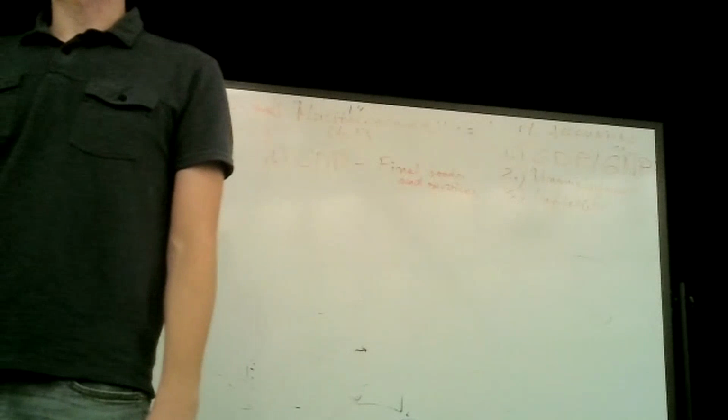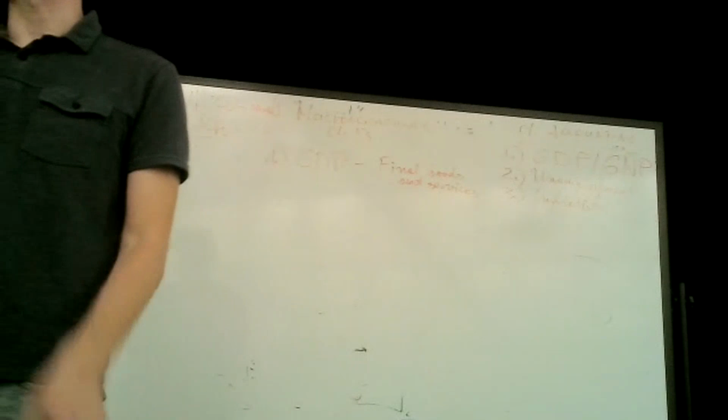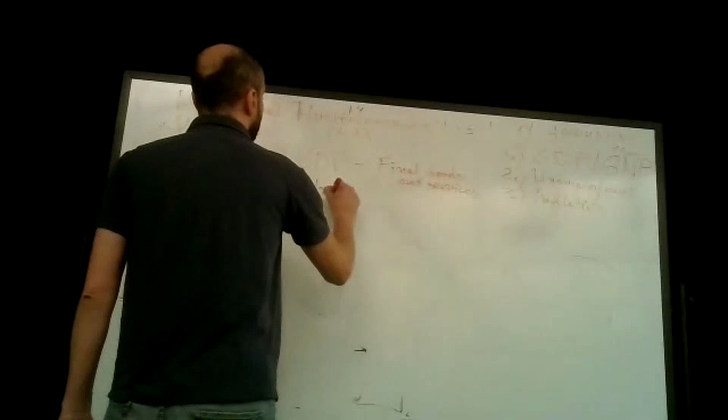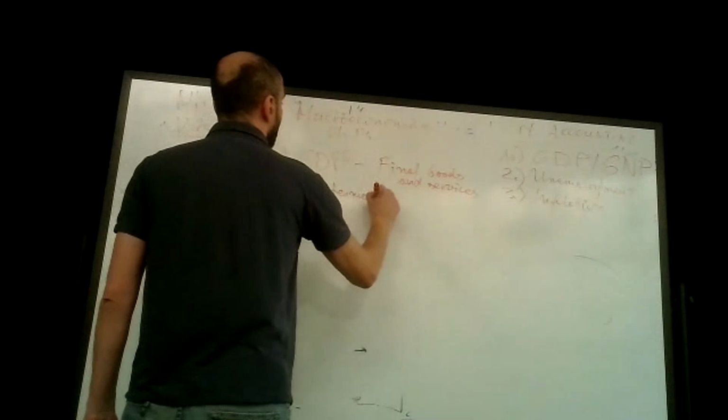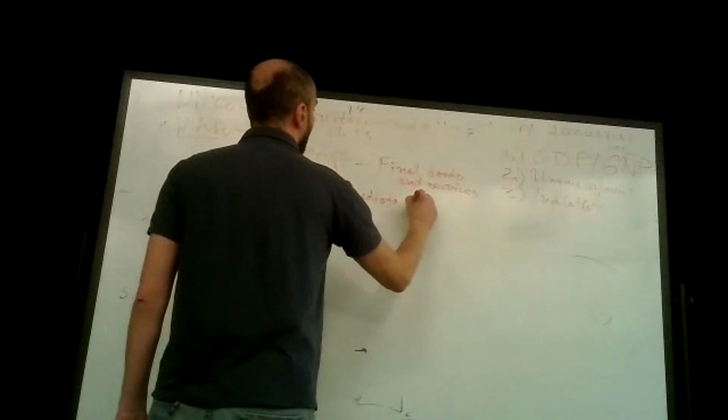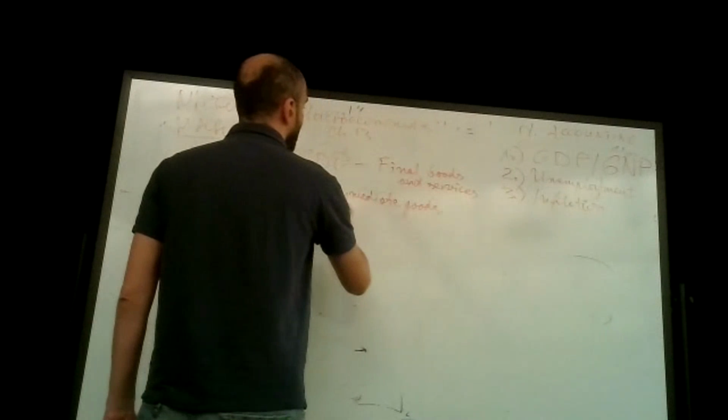What GDP doesn't include. GDP is a statistical measure. You calculate the total market value of all finished final goods and services sold to the final user. It doesn't include the so-called intermediate goods. So one example, a car that is sold to a final customer is a part of GDP.